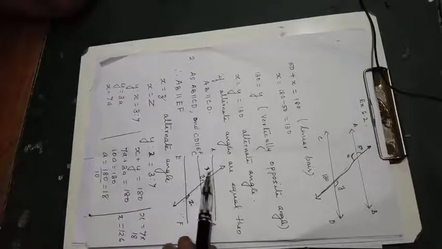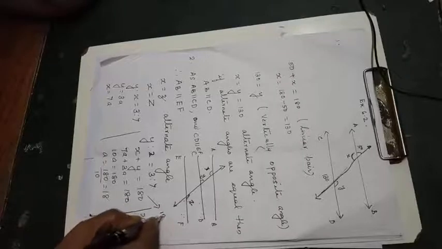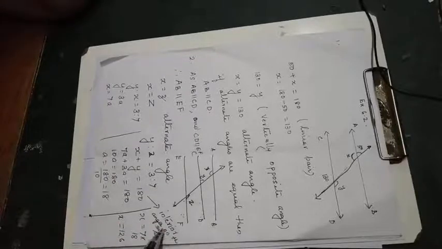Now you have to take the property of x and y, that is interior angles on the same side. So give the explanation: interior angle on the same side, in brackets. I hope you can see, otherwise what I said you can put in the bracket.